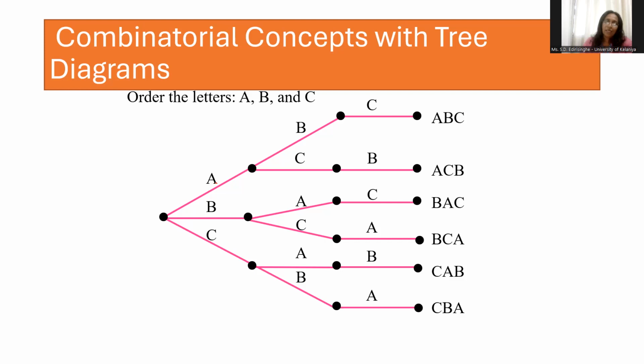So starting with A, B, C, that is how it becomes A, B, C.